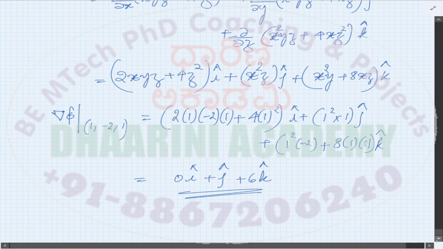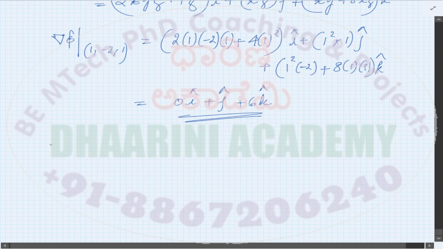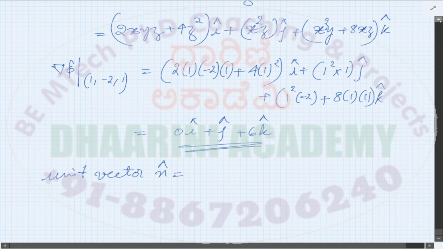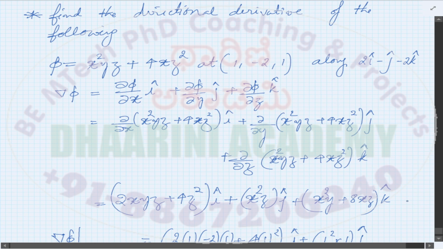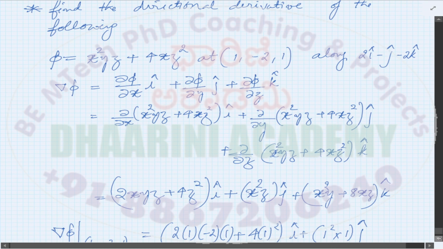In the next step, in order to find the directional derivative, we need a unit vector. So calculate the unit vector. N cap is nothing but, there is a vector given in the question. Just check that the given vector is 2i minus j minus 2k.